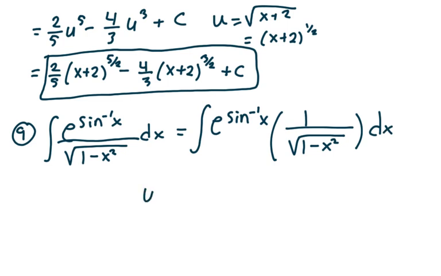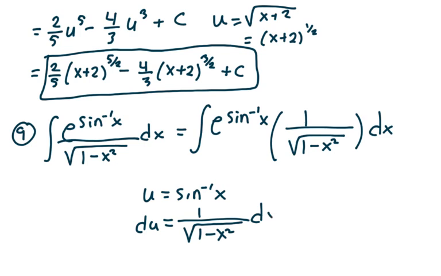So what we're going to do is let u equal arc sine x. Du is 1 over the square root of 1 minus x squared dx. So I just happen to know when I look at arc sine x and take its derivative, I get 1 over the square root of 1 minus x squared. Also, arc sine x is that inside function that I always desperately look for.